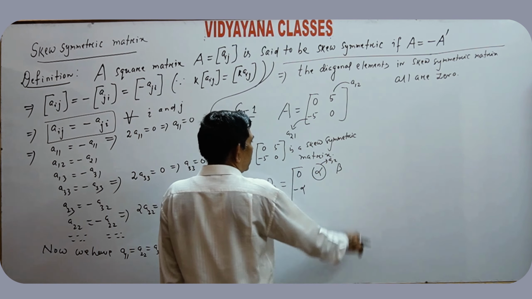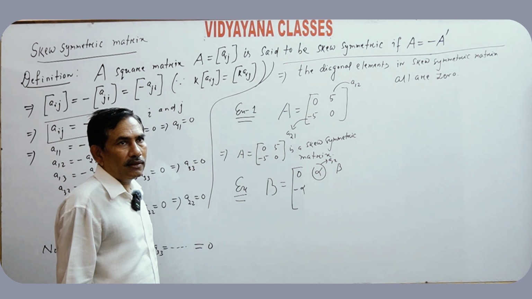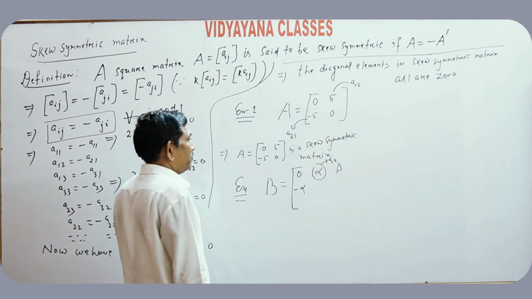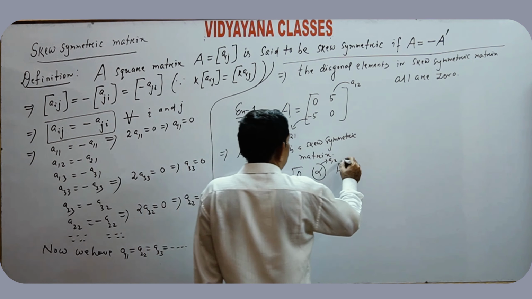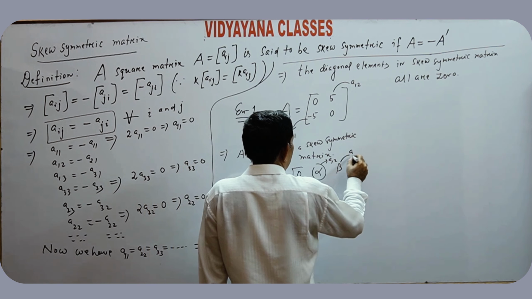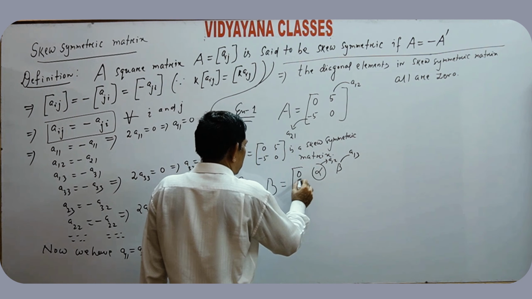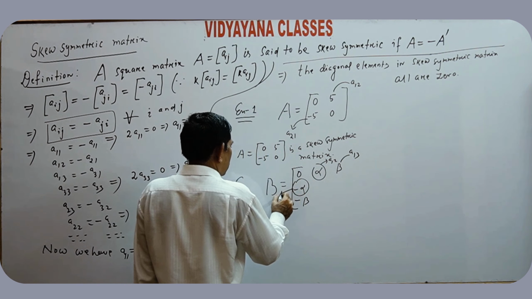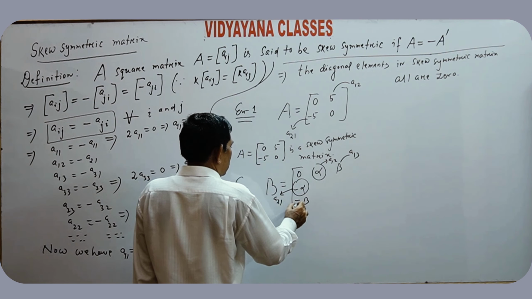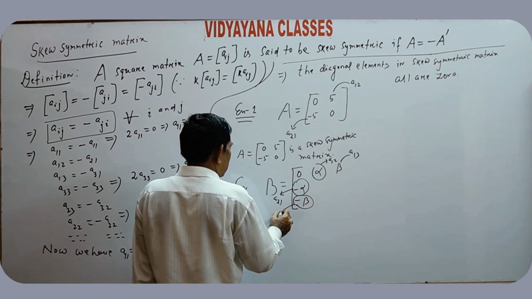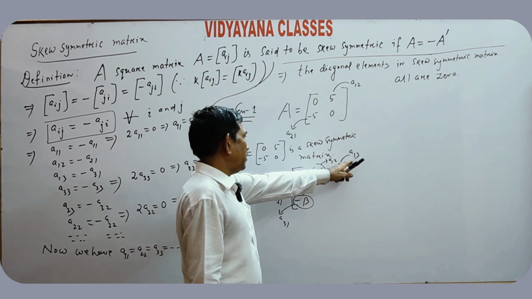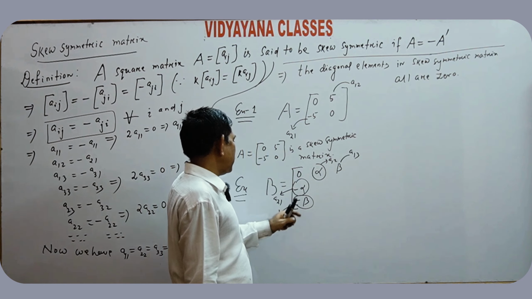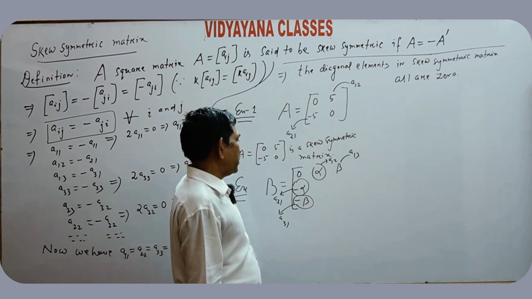A13 is equal to negative of A31, which is minus beta. A13 is beta, A31 is minus beta.